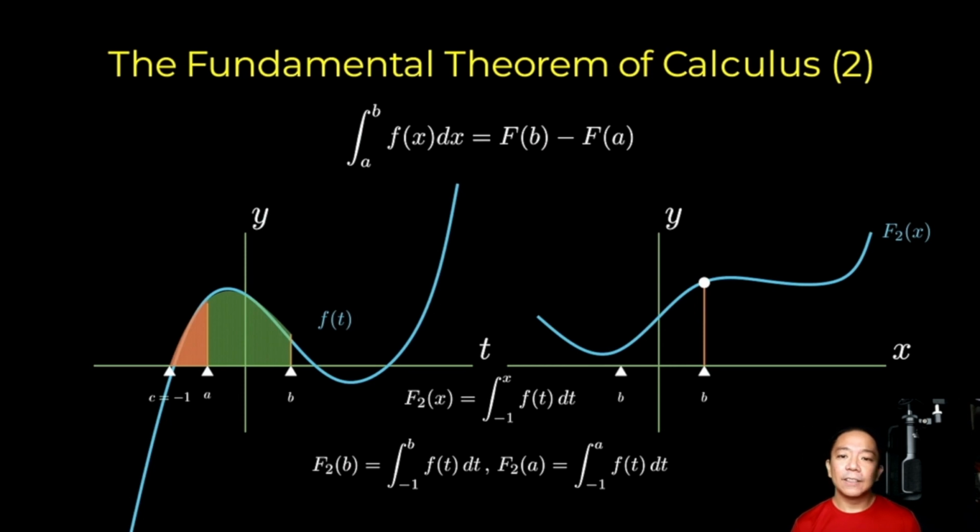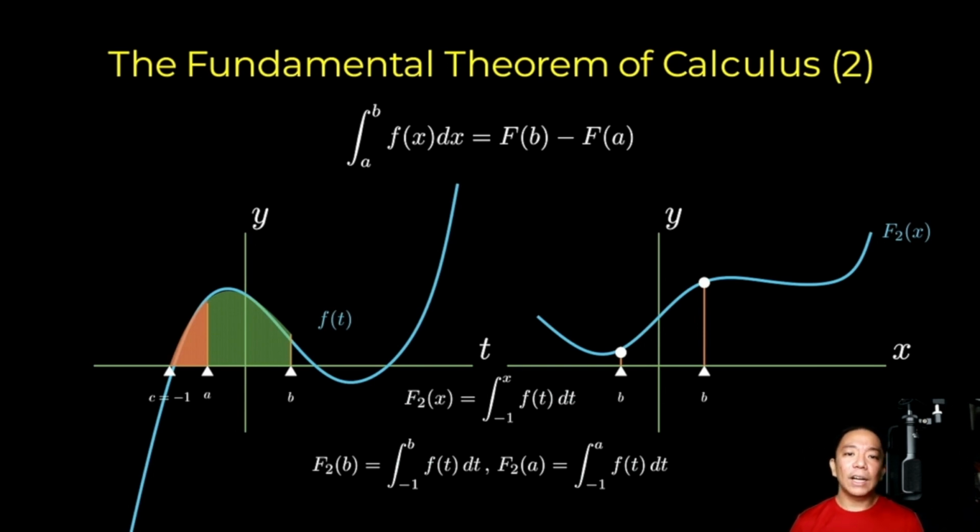Yung kulay red. And dun sa function natin sa kanan, that should have been a. I mislabeled it sa b. Dapat a siya. But that red region, or pink or orange, whatever region, is F sub 2 of a, or the definite integral from negative 1 to a of f of t dt.